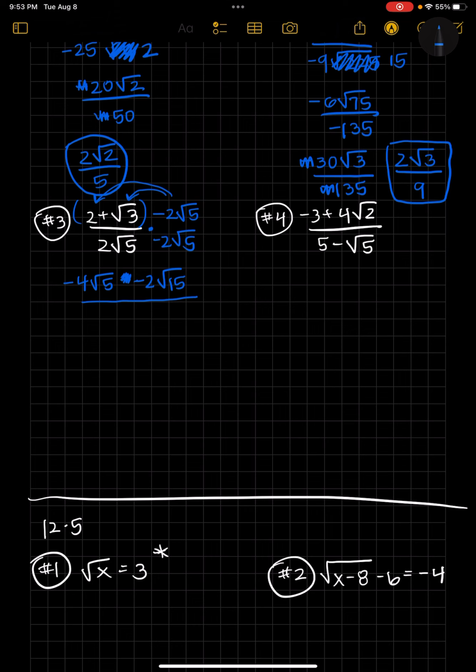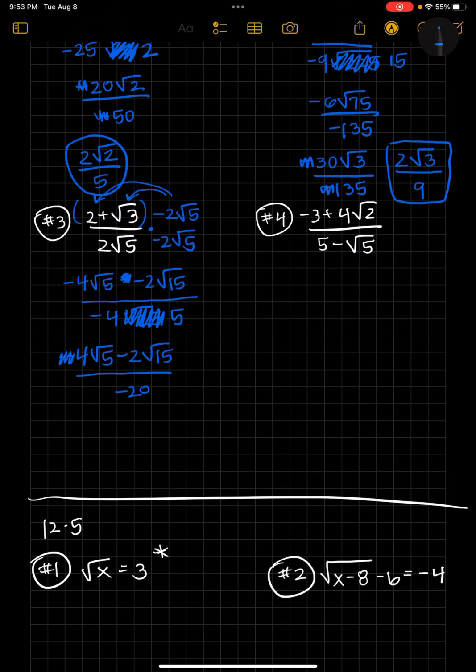Over 2 times negative 2 gives me negative 4. And then root 5 times root 5 is root 25. But we know that the square root of 25 is 5, so I'm going to just change that to a 5. So then I end up with negative 4 root 5 minus 2 root 15 over negative 20. Once again, we can simplify the outsides by taking out the negatives.